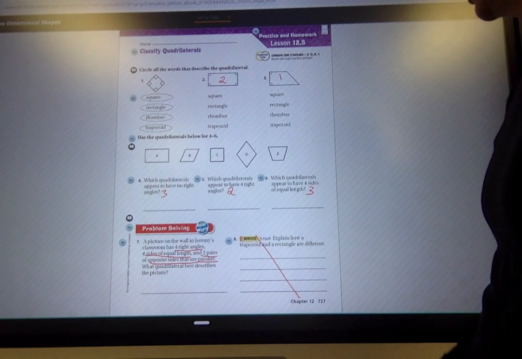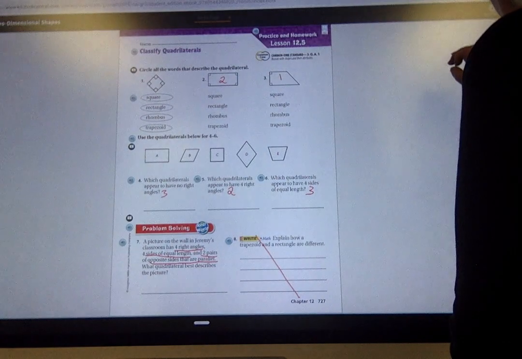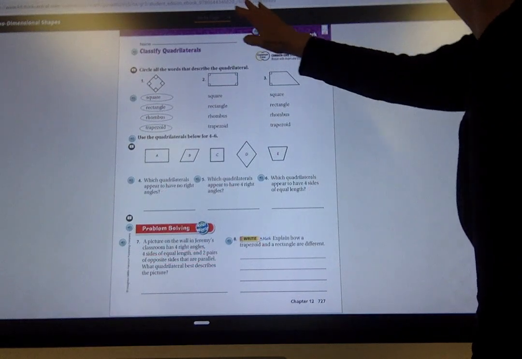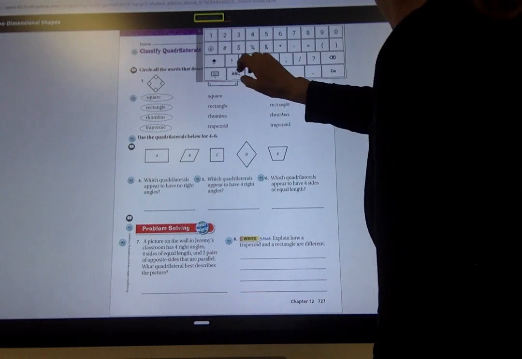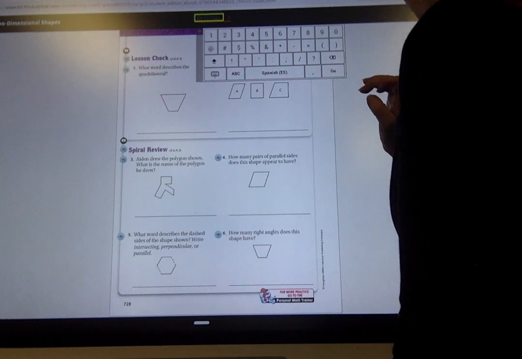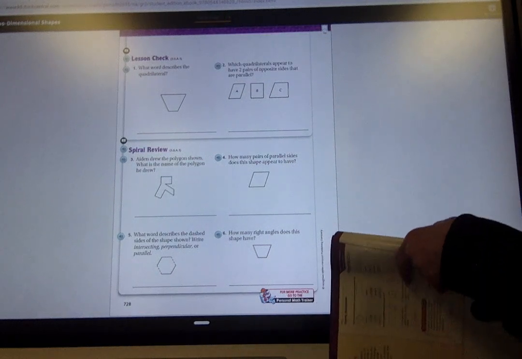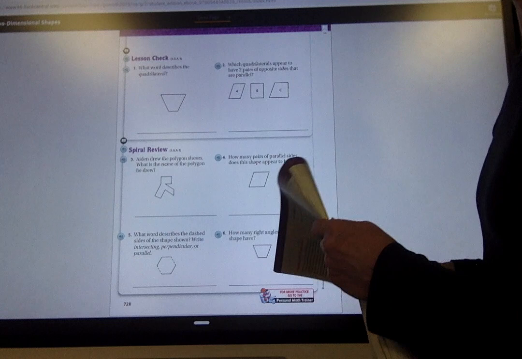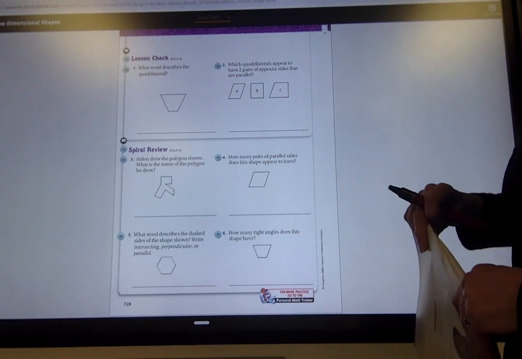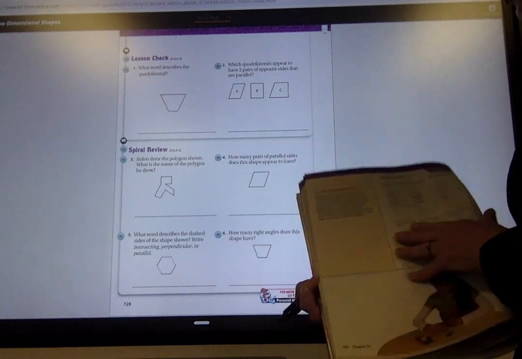We're going to go on to page 728. Number 1, what word describes the quadrilateral? Now you're going to be choosing from the words.